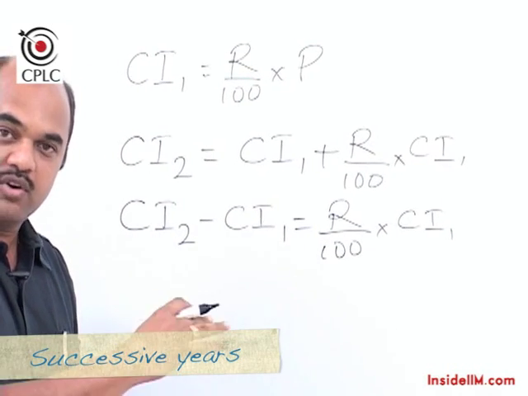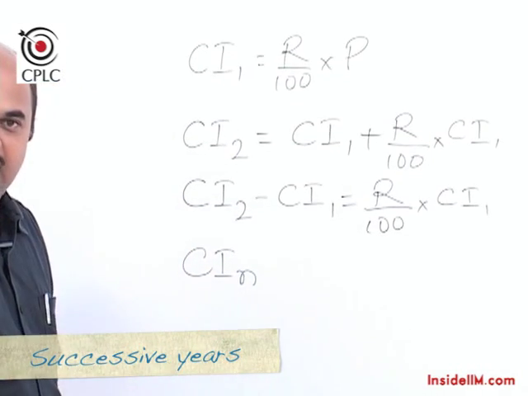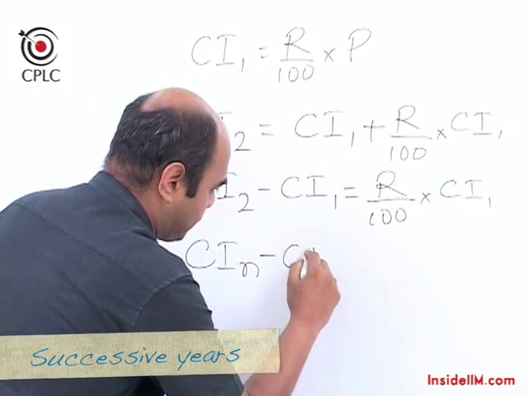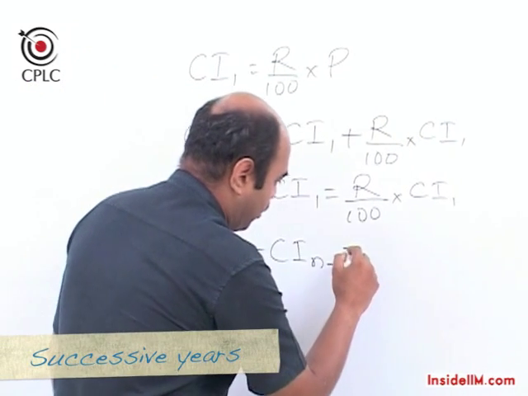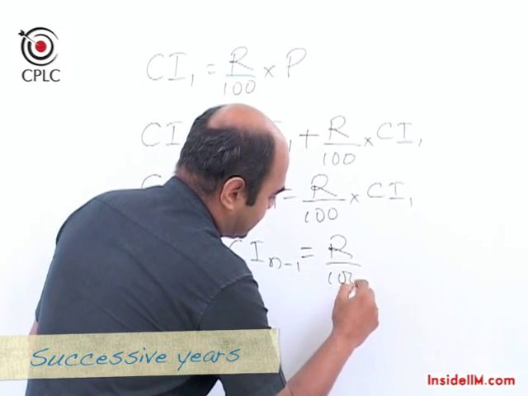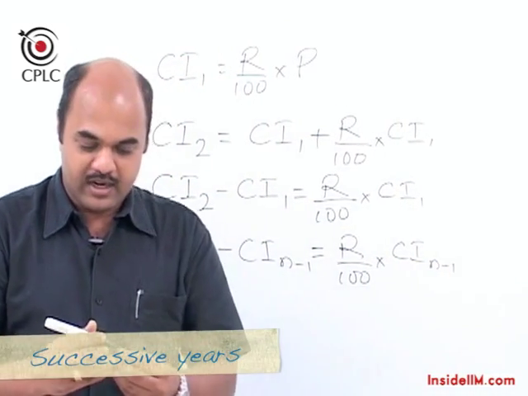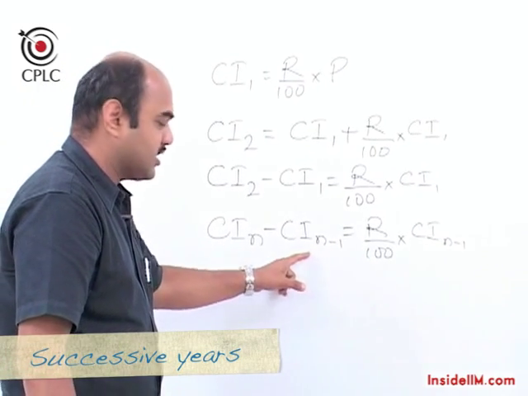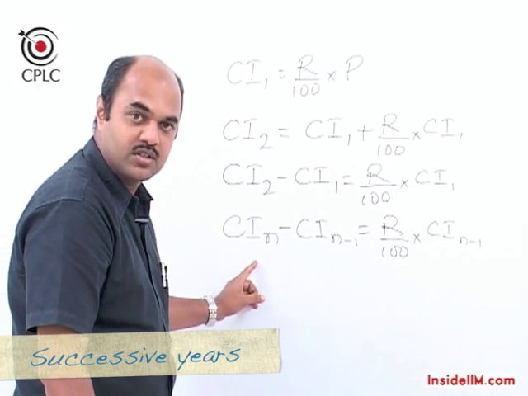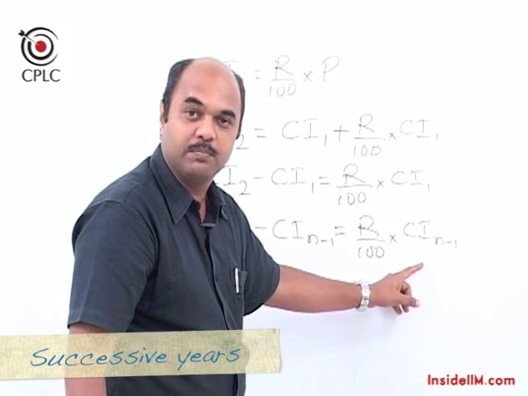And if we were to generalize this, then compound interest in any year n minus compound interest in the previous year n minus 1 would actually be R% of the compound interest of the previous year. And hence we can say that the difference between compound interest in any two successive years is R% of the compound interest of the previous year.